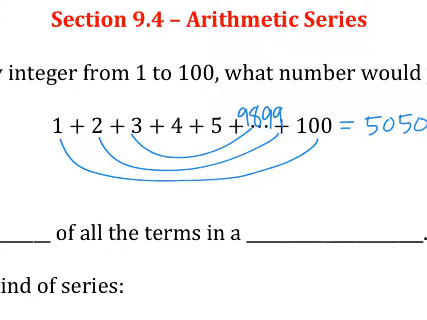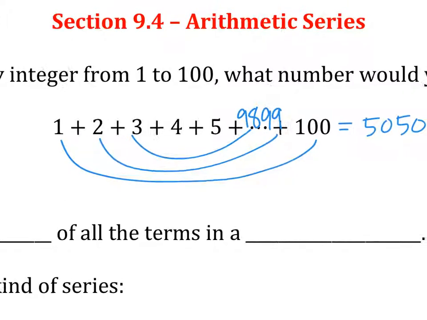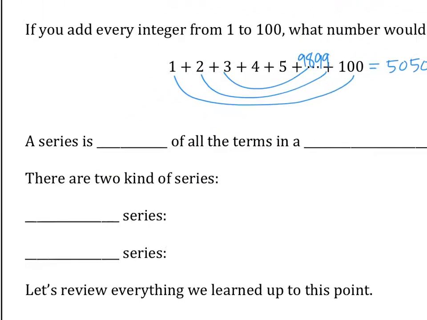We're not going to do that with all of our series. We are going to have a formula. First of all, let's remind ourselves: a series is the sum of all the terms in a sequence. Are you with me?